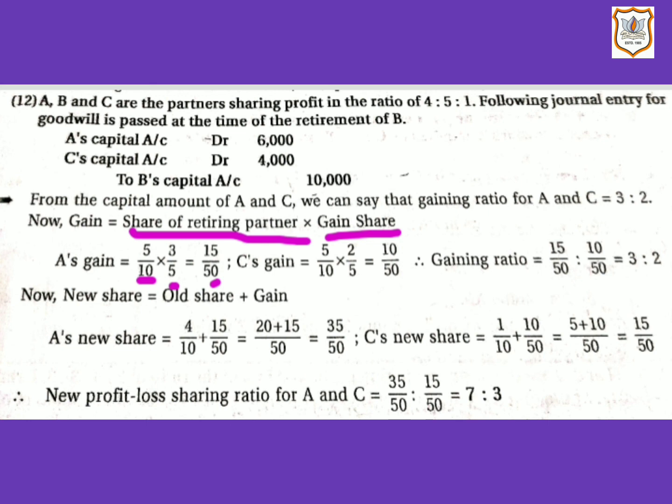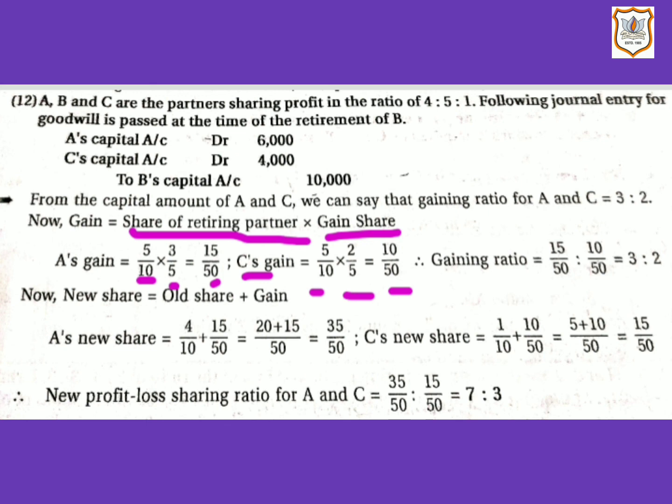Similarly, C's gain is equal to 5/10 multiplied by 2/5, which is C's gain share. If we multiply it, we will get 10/50 as C's gain.